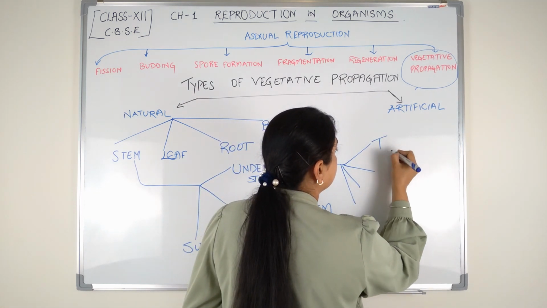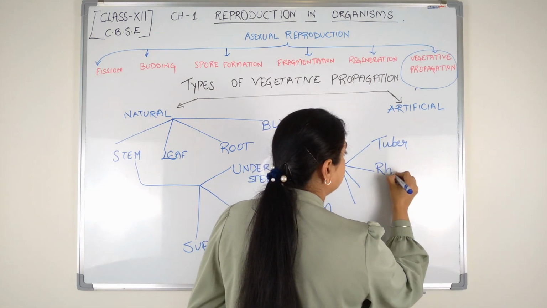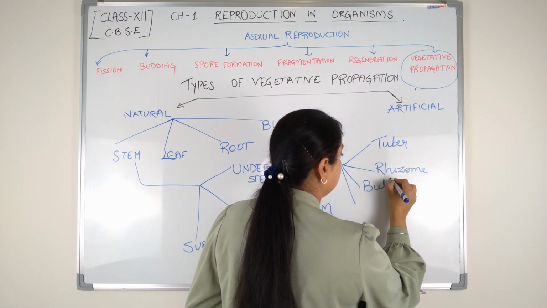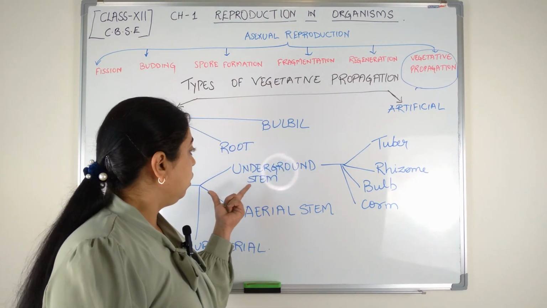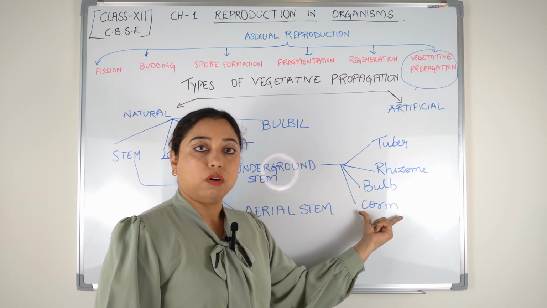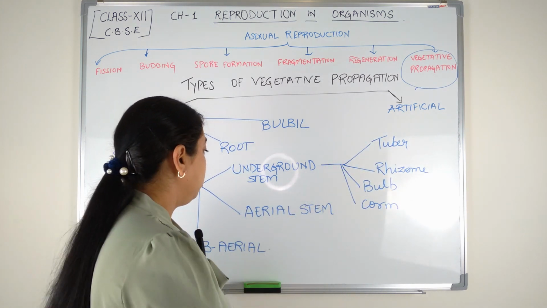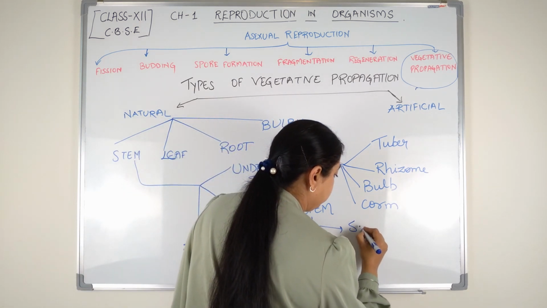So in underground stem we will be discussing the 4 examples which are there in your NCERT. We'll talk about tuber, rhizome, bulb and corm. Okay, in underground stem we have tuber, rhizome, bulb and corm. These are the vegetative propagules of underground stem. In aerial stem we will be taking the example of sugarcane.